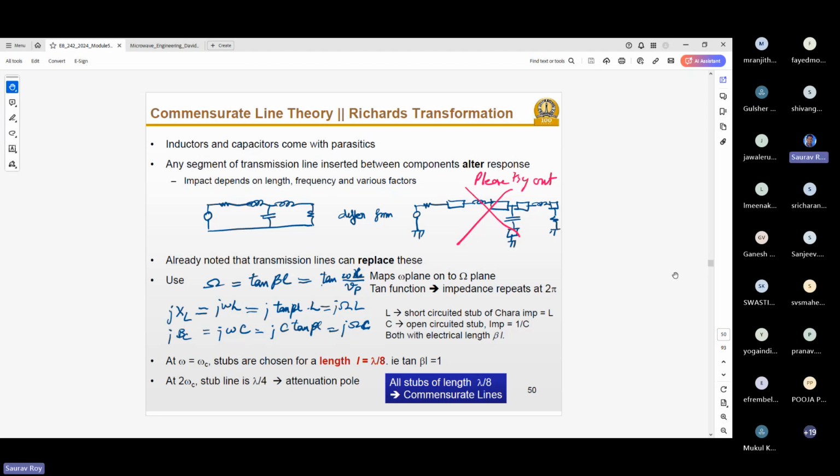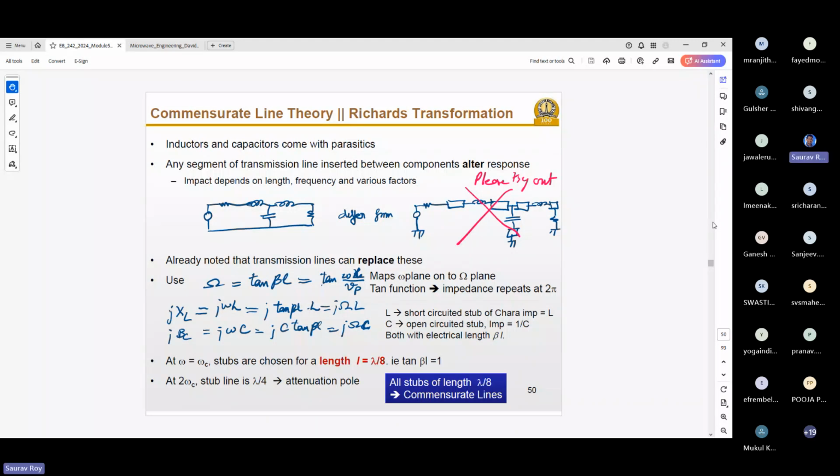Okay, if you actually think about this, it is very simple. Normally, from a transmission line circuit, the input impedance for some particular length will be given by j Z0 tan beta L. Z0 is the characteristic impedance of the line and tan beta L is the tangent of the electrical length. So there is no omega function there.